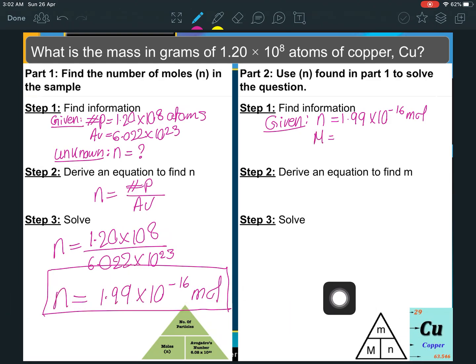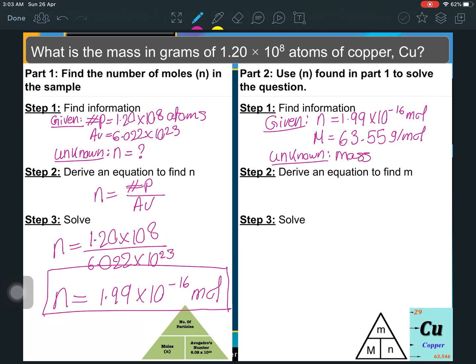This is something that is just given to me, and I can find that in the periodic table. So right here I can see that my molar mass from this block of the periodic table would be 63.55 grams per mole. Okay, it's okay to round to 2 decimal places just to make things simpler. All right, and let's see, what is my unknown? I am looking for my mass.